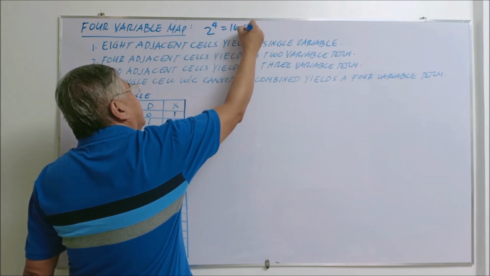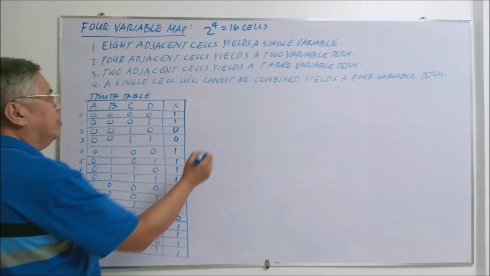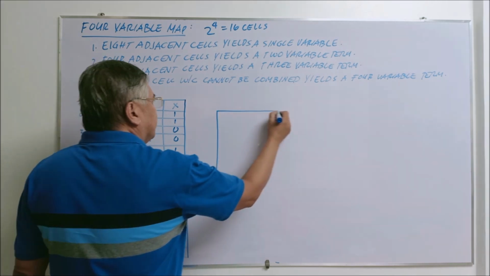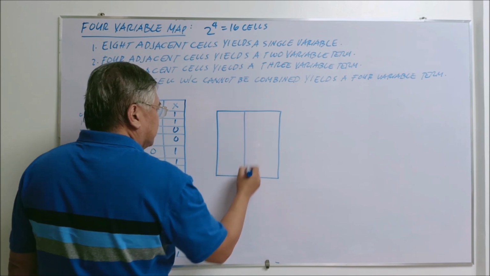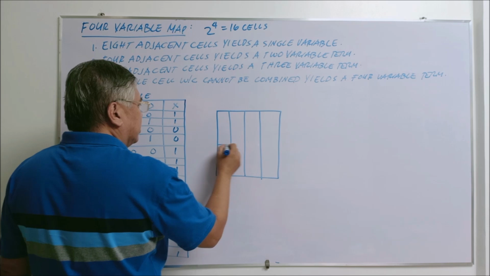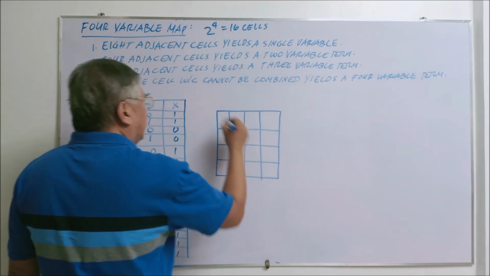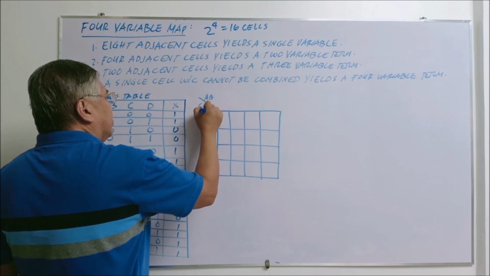So we need 16 cells. Okay? So we draw the map. And we need 16 cells. Okay, so that will be our map equivalent.